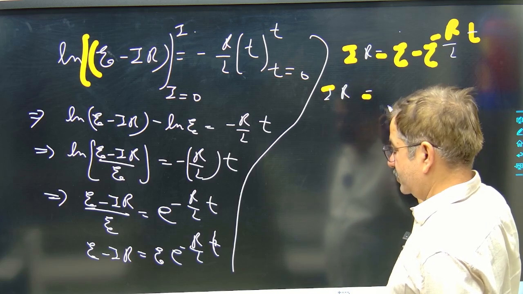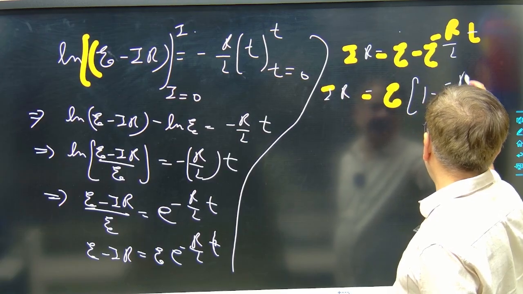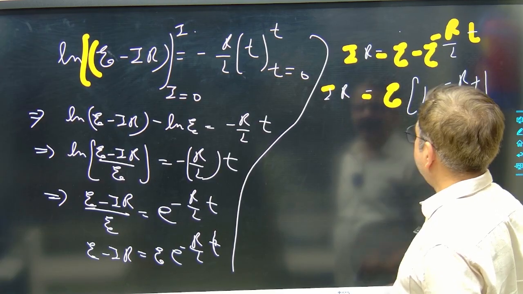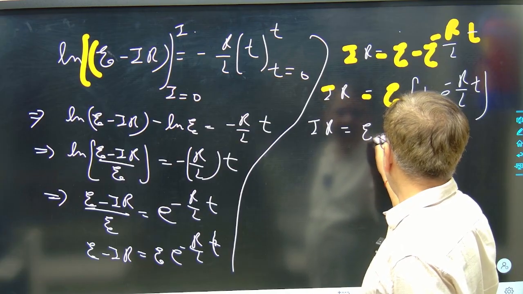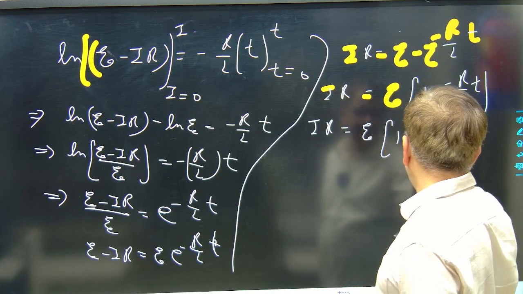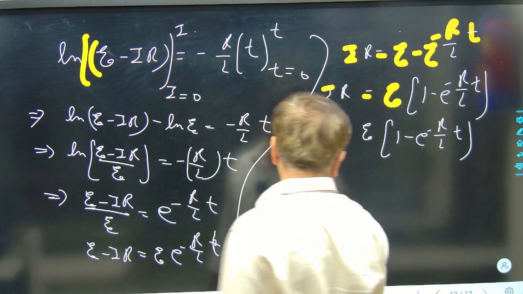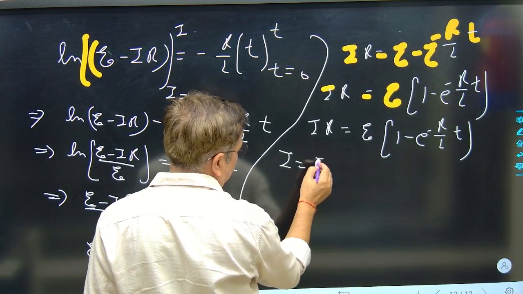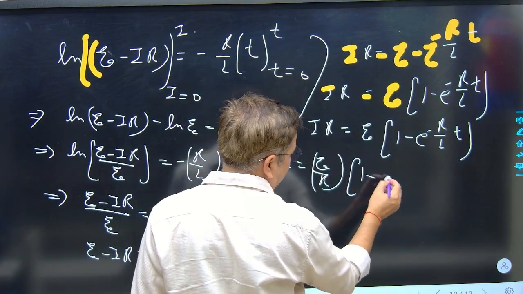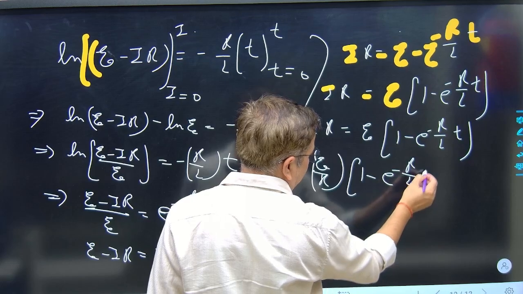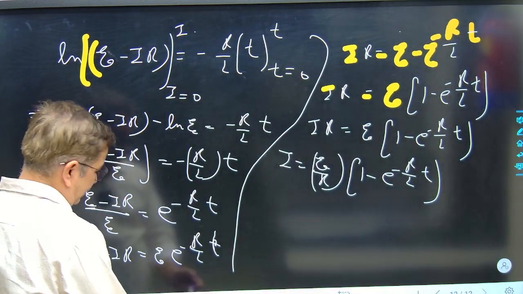It is E times 1 minus e to the power minus R by L into T. I am saying that I into R is equal to E times 1 minus e to the power minus R by L into T. So the current in the circuit will be I equal to E upon R times 1 minus e to the power minus R by L into T. We get an exponential function for the current flow here.